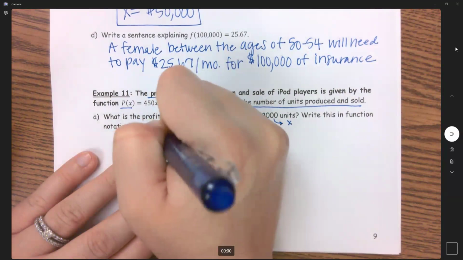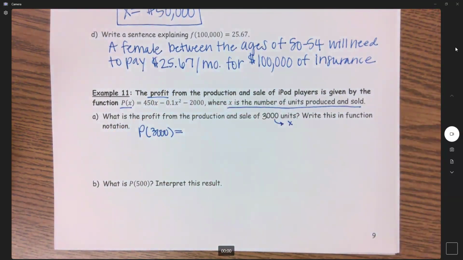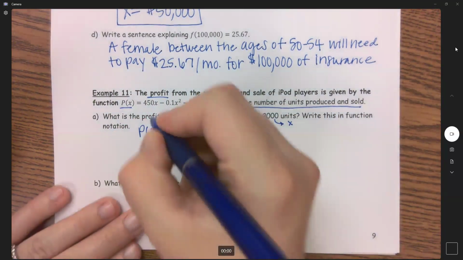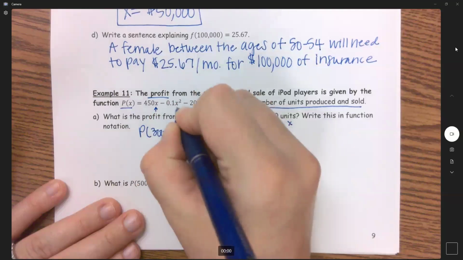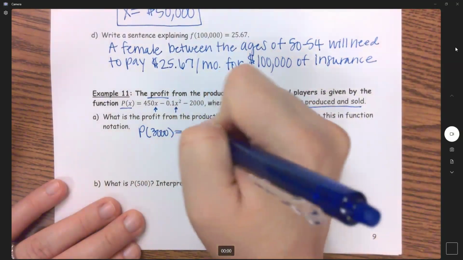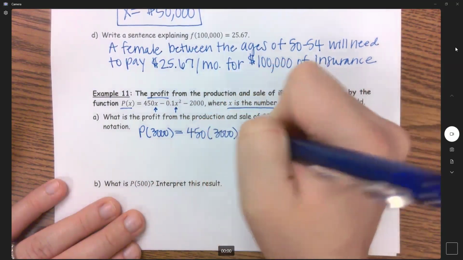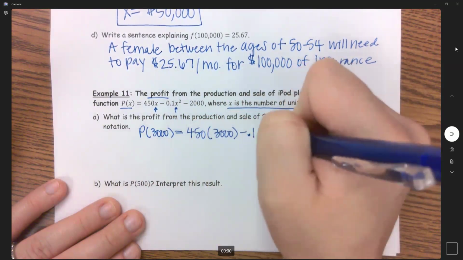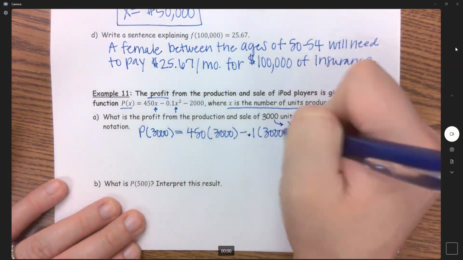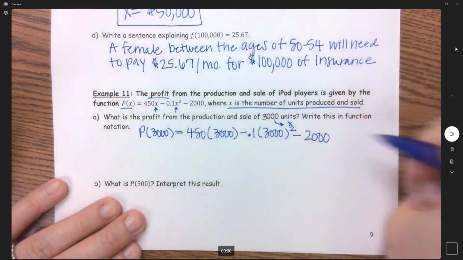So I have P of 3,000 equals, which means everywhere I see an x, I am replacing it with 3,000, and there are two of them. So we have 450 times 3,000 minus 0.1 times 3,000 squared minus 20,000.